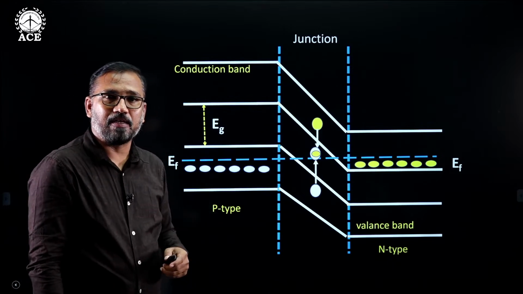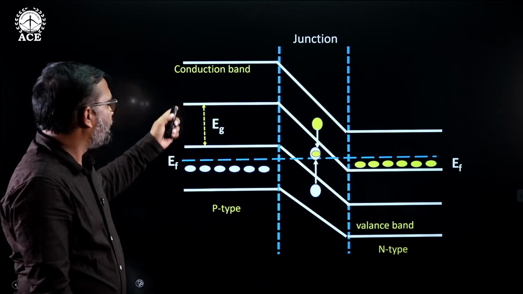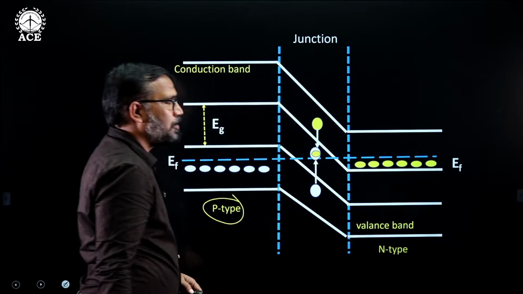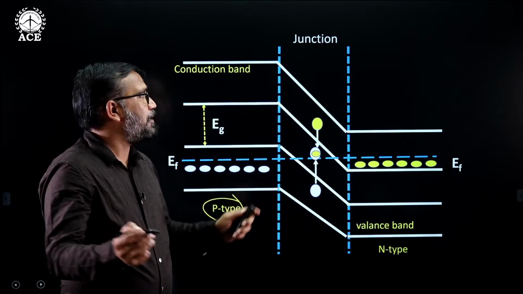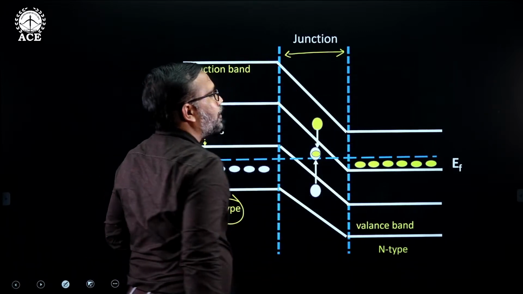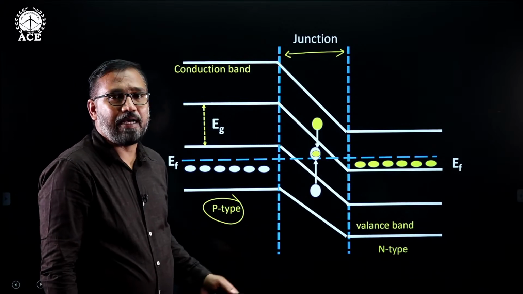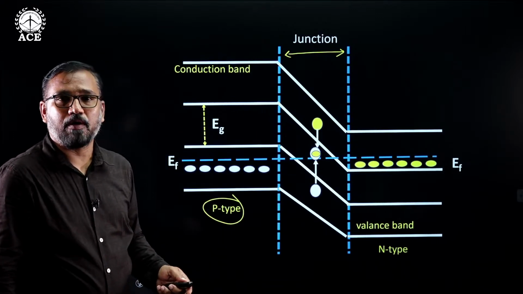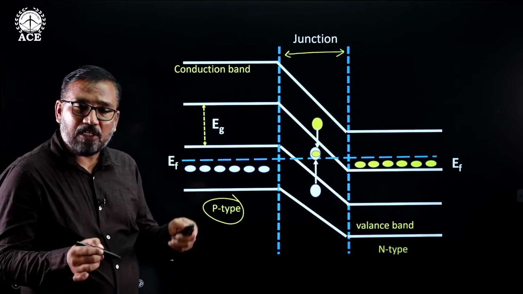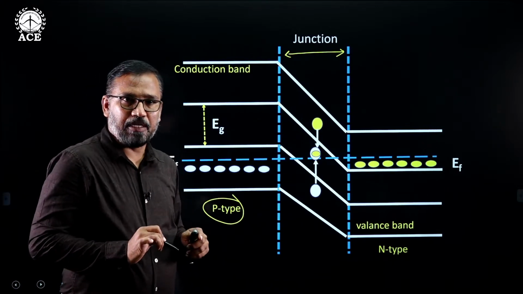We know that it is a p-type region and it is an n-type. The gap between the two is called a junction. When there is no bias, no external forward voltage, there won't be any charge carriers present at the depletion layer.